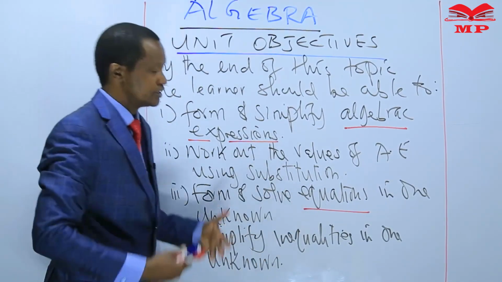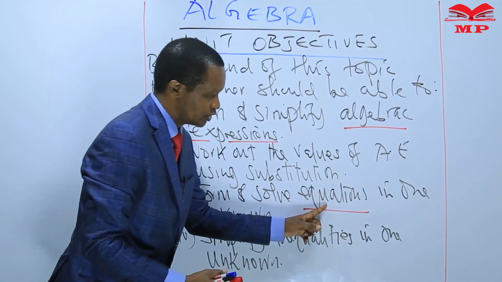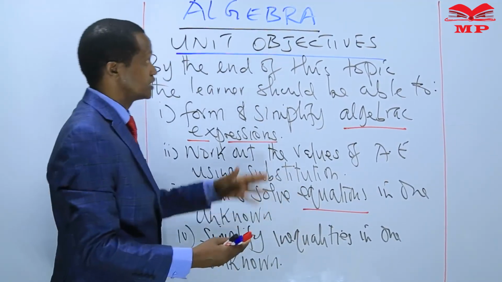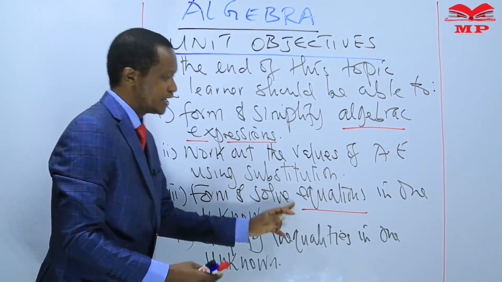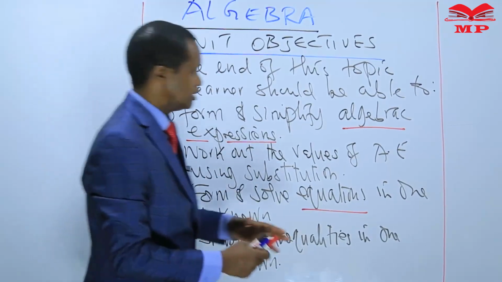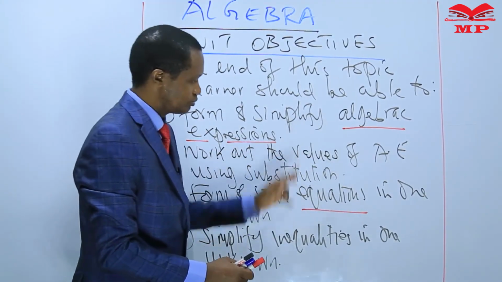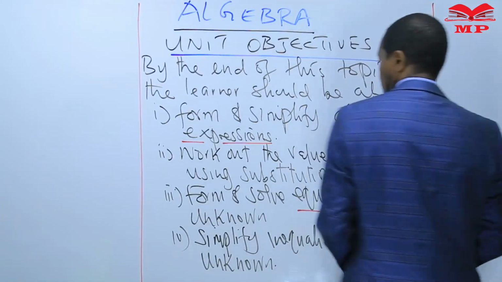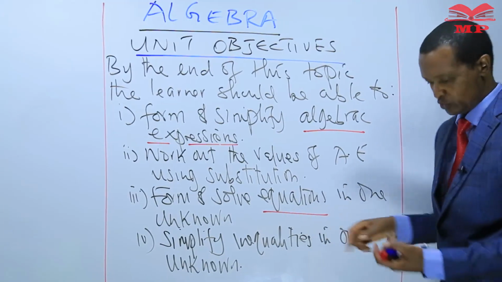But what's the difference between them? These are the two major subtopics under algebra. Before we move to achieve the first objective, I want to explain the distinction between algebraic expressions and equations.